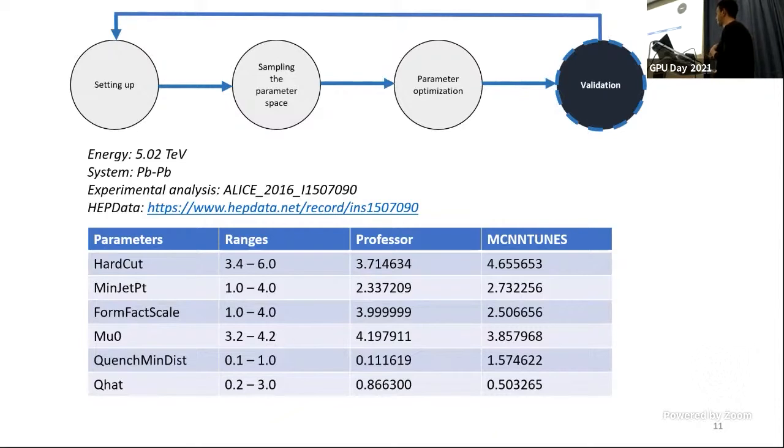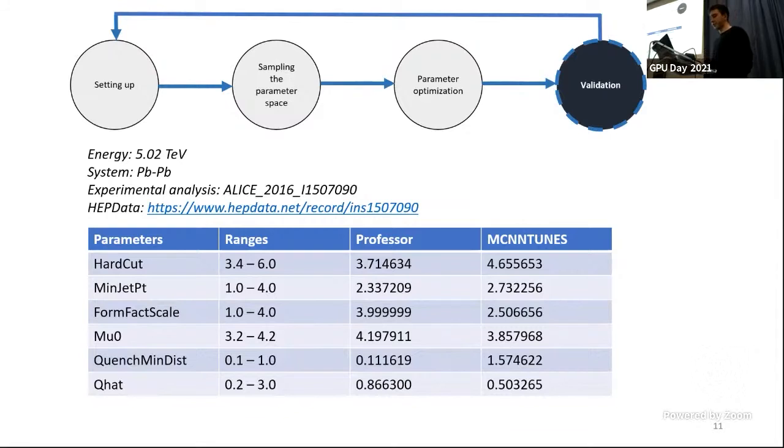Some of the parameters are quite close, but we know that this is a very sensitive parameter, and it's quite different. So we expect very different results from this, and we can see that Professor found 2 of the upper bounds of the ranges. So maybe we have to recalibrate and do this run all over again with different ranges.